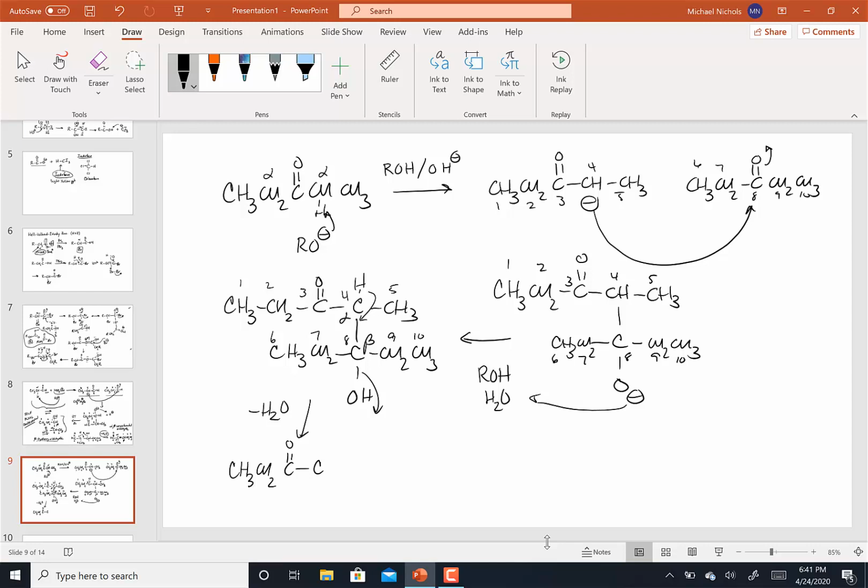So I'm going to end up forming the double bond between carbons 4 and 8.